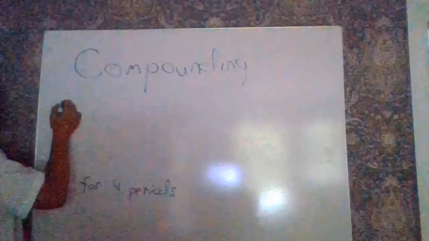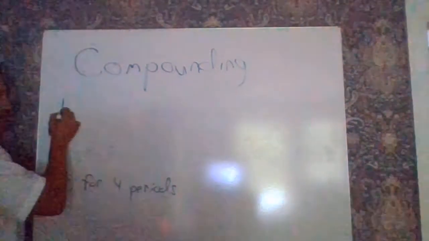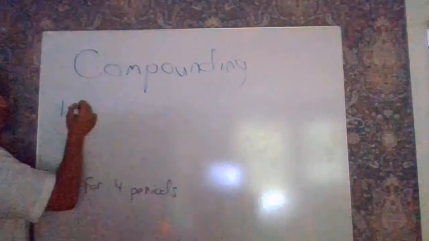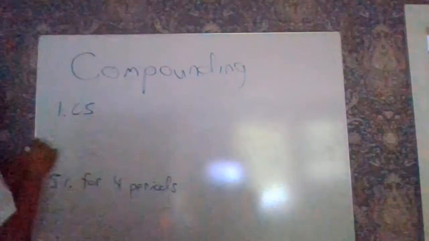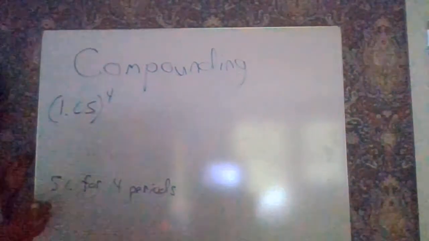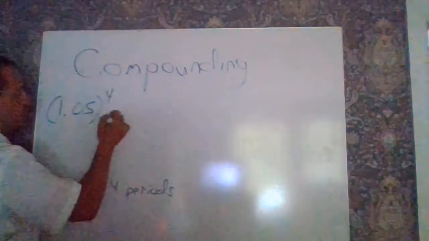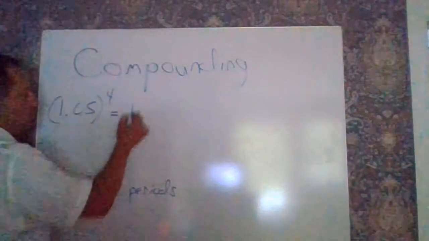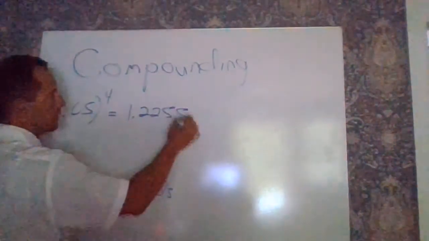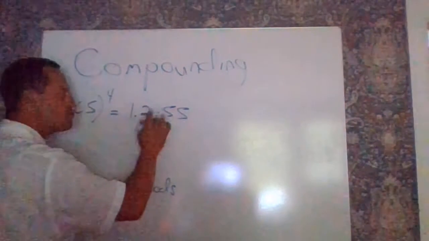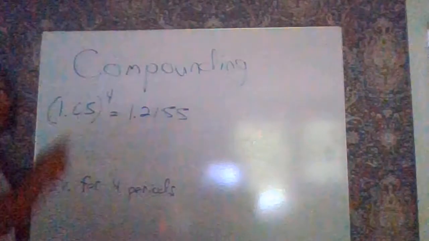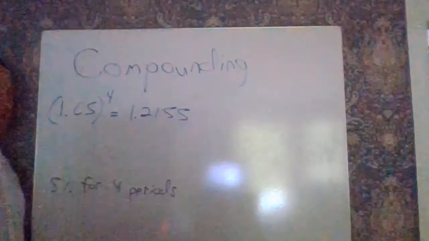So you hope to get back everything you started with and a bonus 5%. So that's how 5% is written in a decimal, and 4 of them. And after doing the math, that works out to be 1.2155, I believe. So 1.05 to the 4th power.